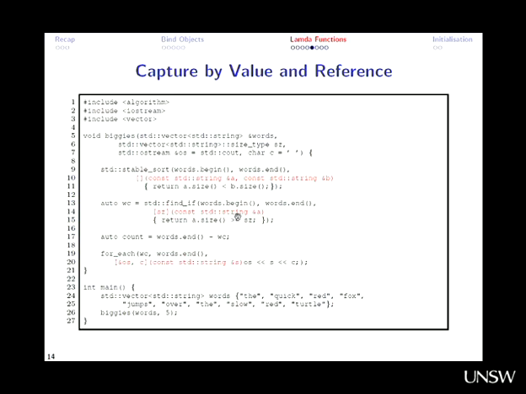We're passing in a reference to a string, and so return a.size greater than or equal to SZ. What do you think that lambda function is doing? The first thing we've done is sort these things by length. What do you think this one's doing?